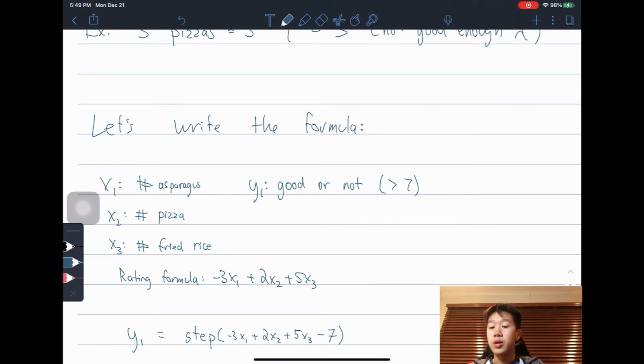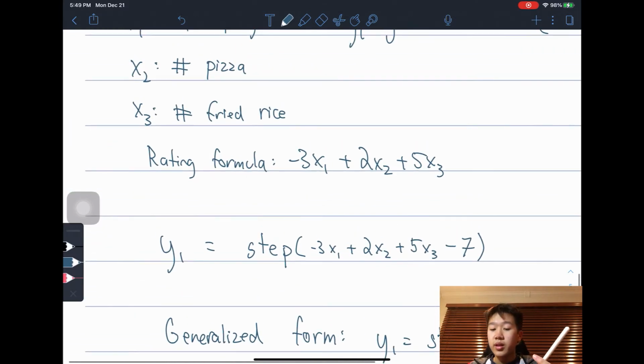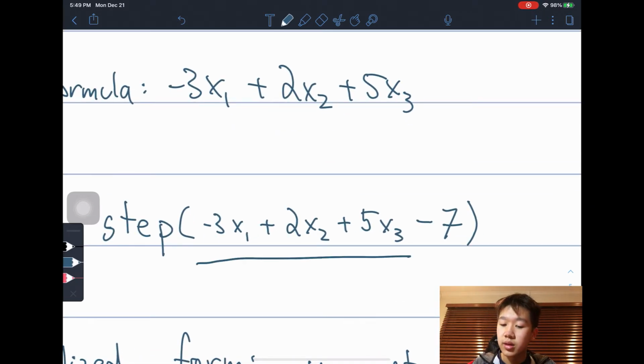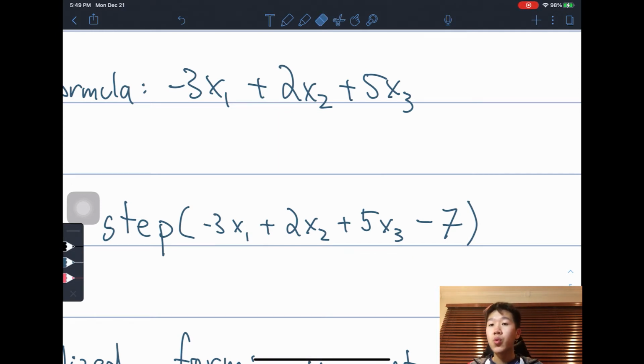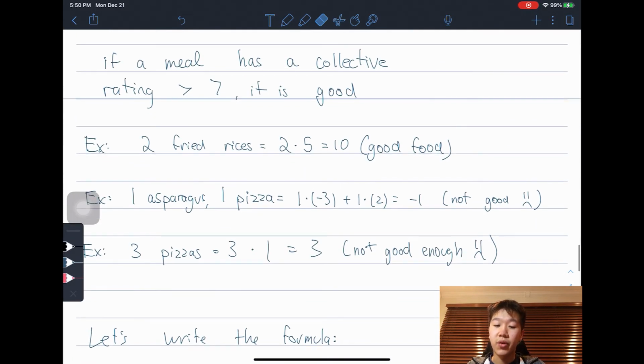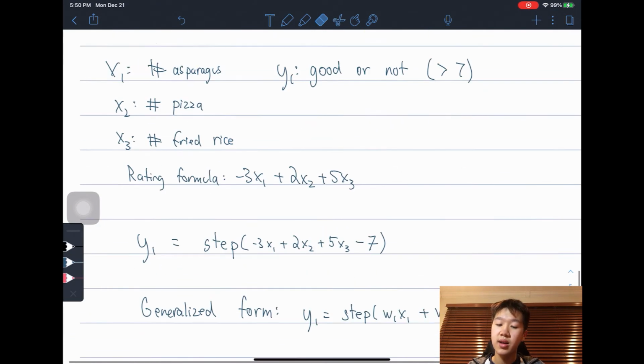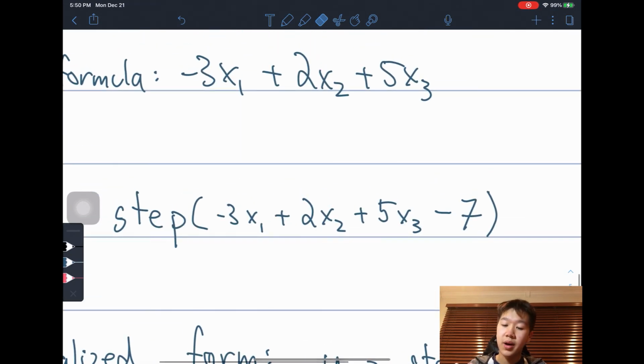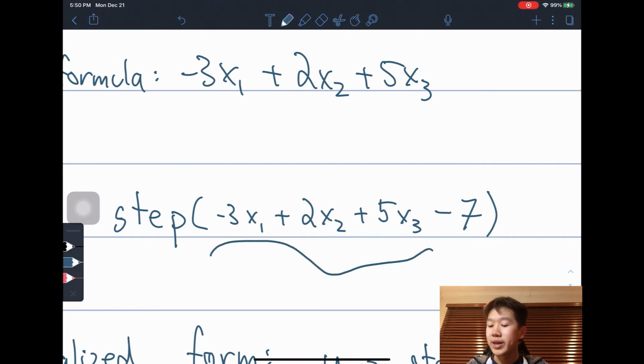And I also want it to be good only when the rating is bigger than 7. So the function overall is y1 is equal to step of the rating, -3x1 plus 2x2 plus 5x3, and you want it to output a 1 only when it's above 7, so you have to say minus 7. If we test that with the previous examples, 2 fried rice give me a rating of 10, so if I substitute it, I get 10 minus 7, which gives me 3.